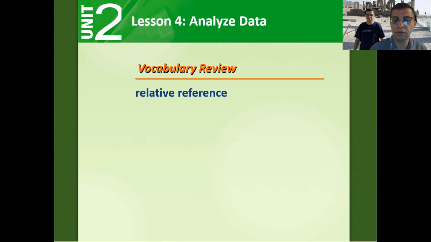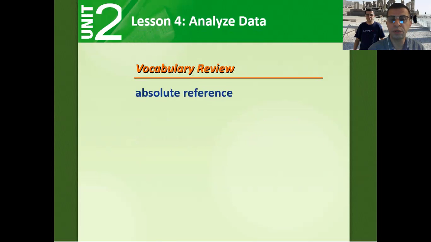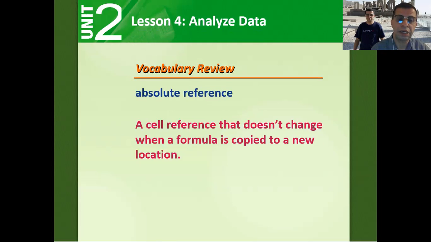Relative reference, a cell reference that changes when a formula is copied to a new location, and we saw it earlier. Absolute reference is a cell reference that does not change when the formula is copied to a new location, by putting the $ sign in front of the column and row reference.